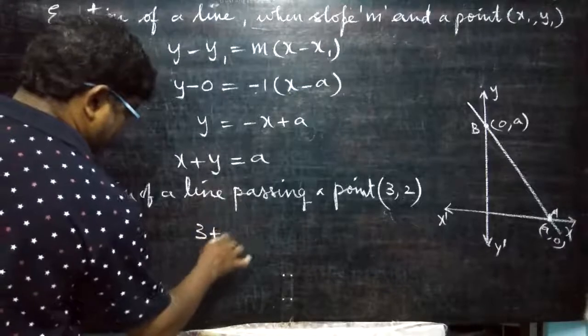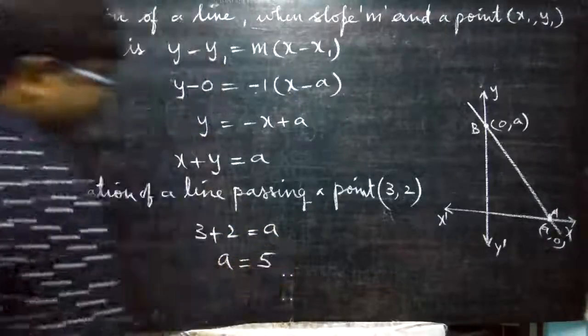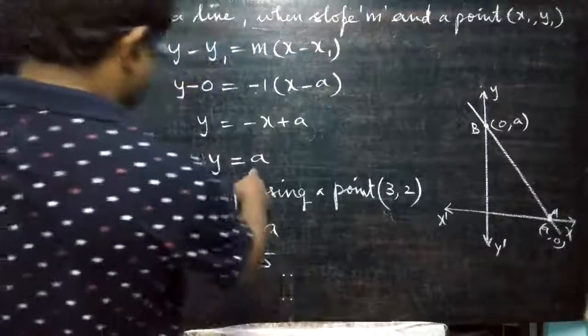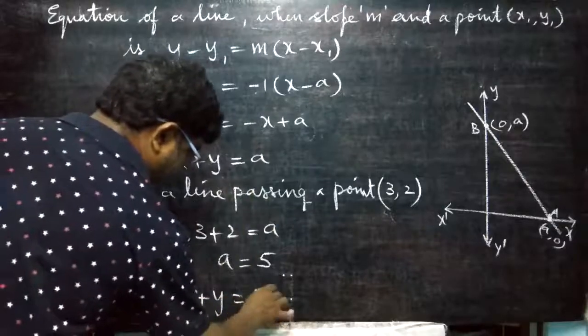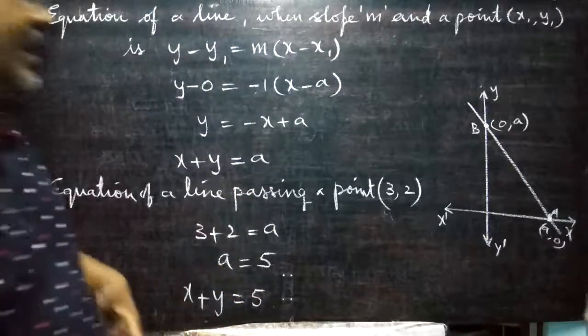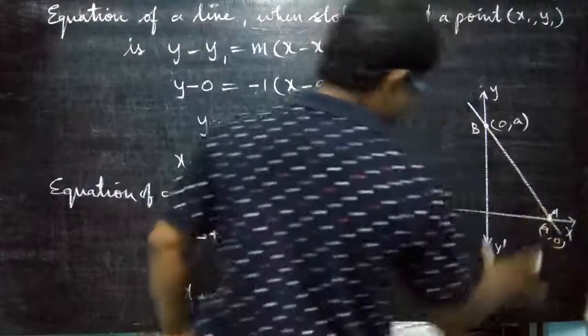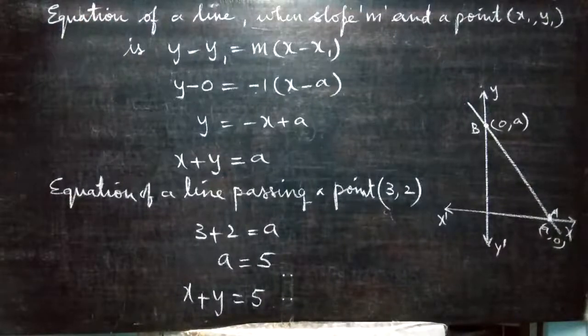So 3 plus 2 is equal to a. a is equal to 5. So now substitute: x plus y is equal to 5. They told to find, so here 5 comma 0, 0 comma 5. The length of intercept is 5 units. x plus y is equal to 5, the equation of a line.